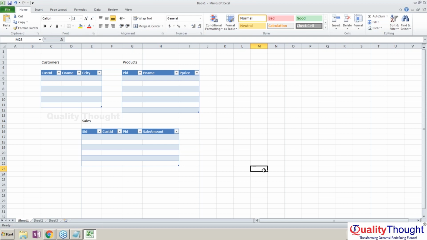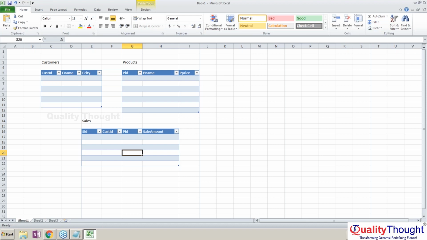Guys, which tables do you see a relation between here? Any more people? Exactly. The sales has a relation with the customers and the products.